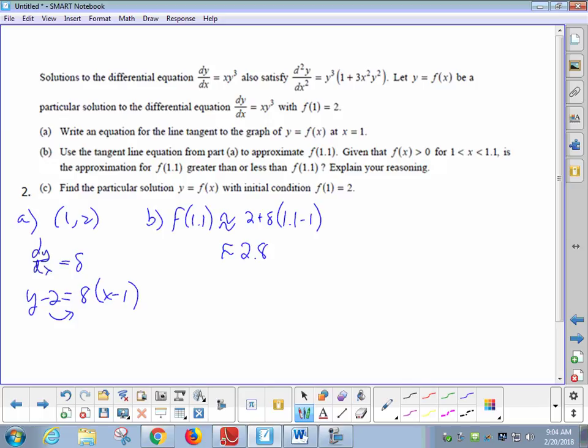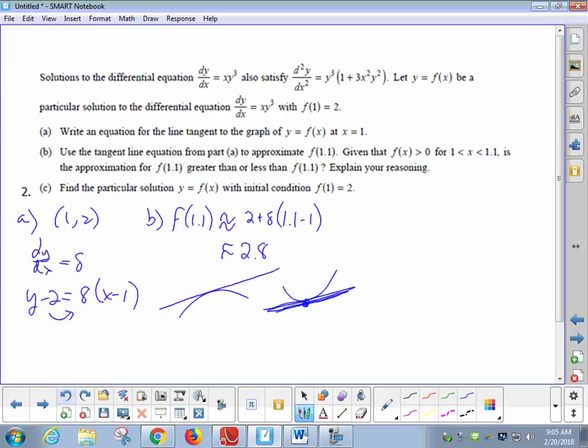Now, a huge part of calculus is estimation, but a second part after that is: is this estimation more or less than the true value? Consider these two pictures. If you did a tangent line in a case like this, and a tangent line in a case like this, it's supposed to be tangent.